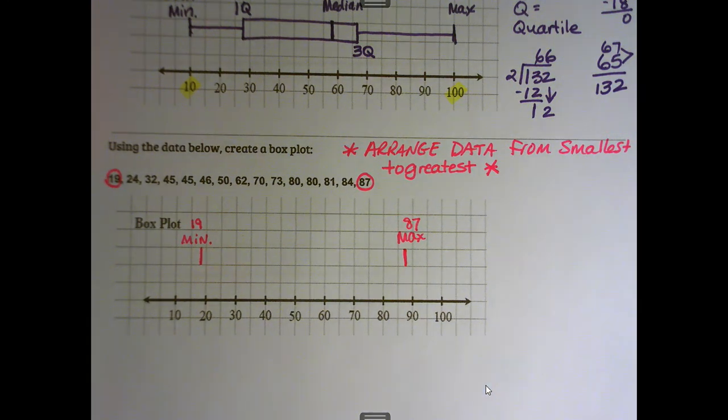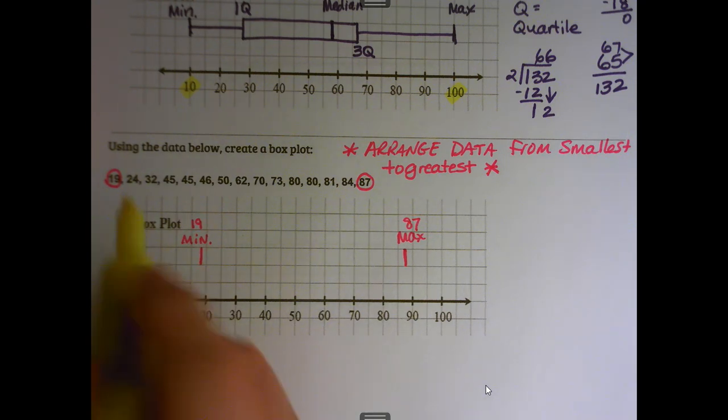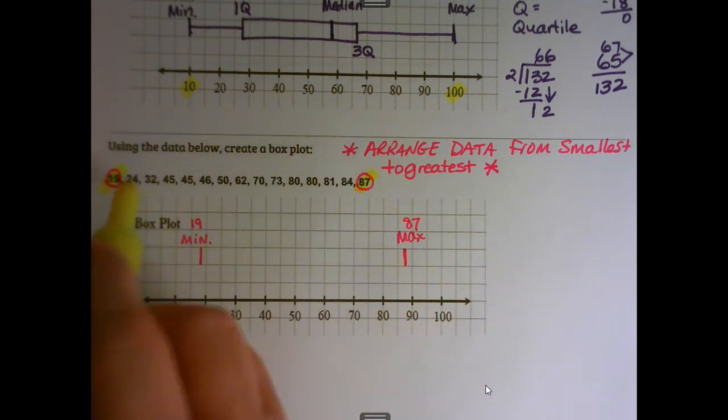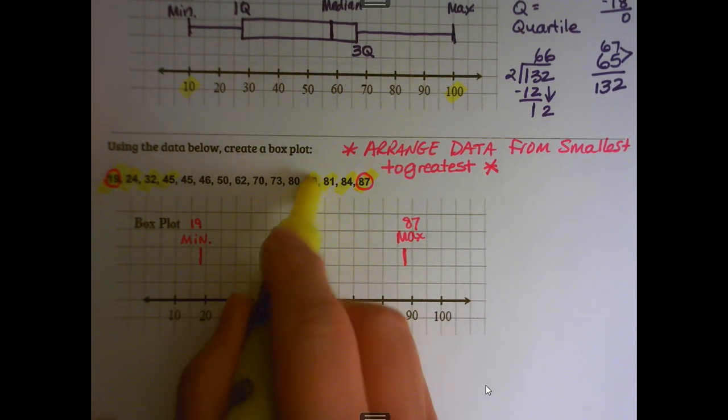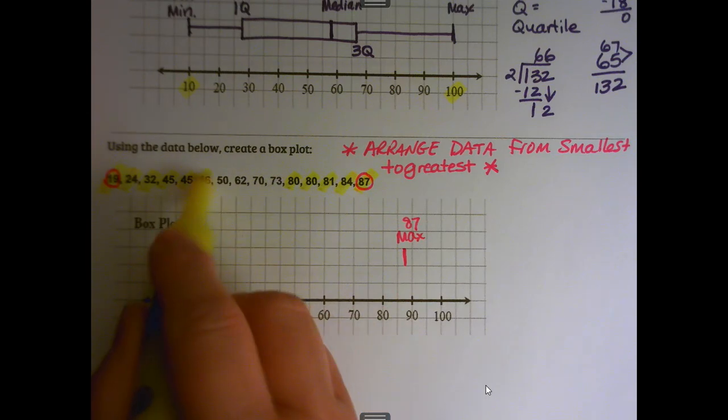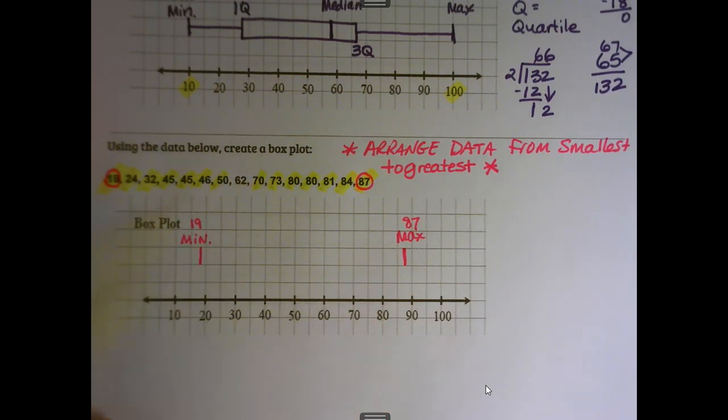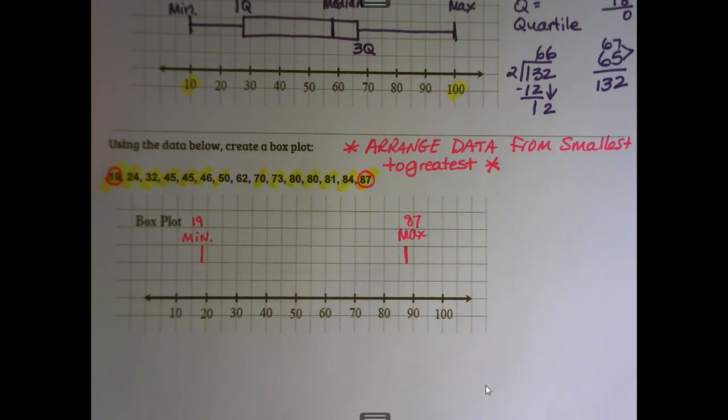We were then charged with finding the median of the data. And just like we've done in the past, we count in from the sides. And look at that. Our data has the number 62 in the middle.